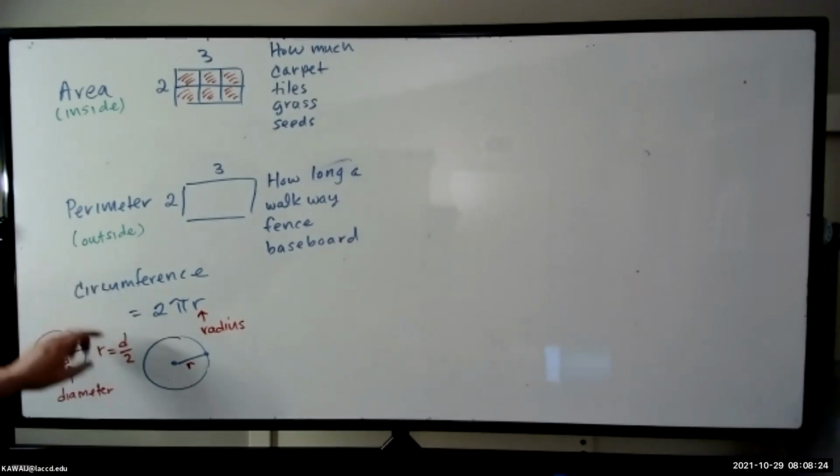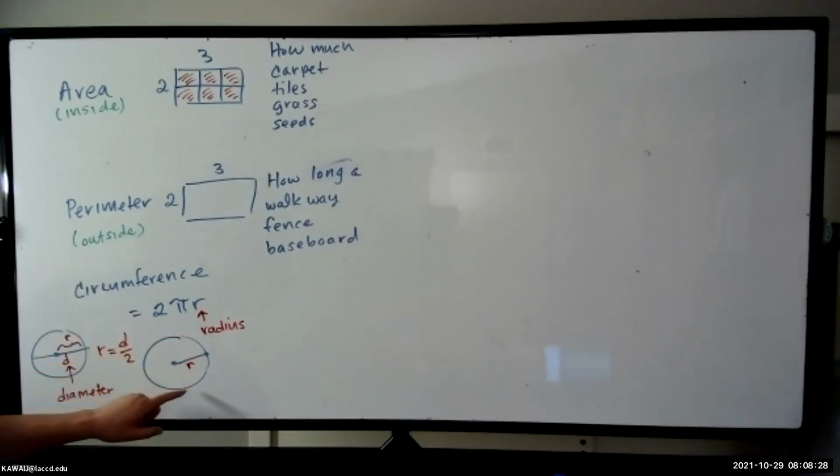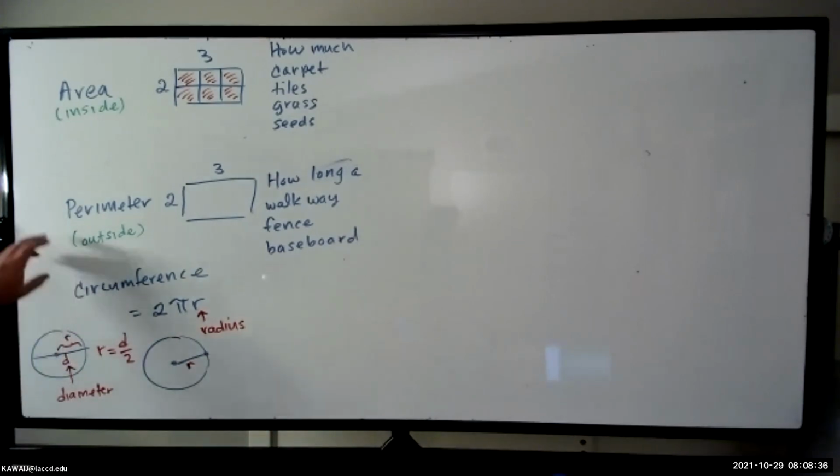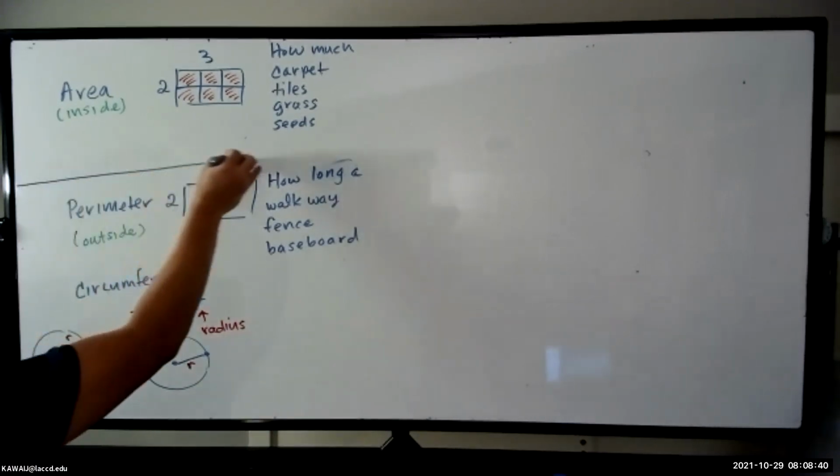Okay. So know that circumference is basically perimeter. Like if this was a piece of string, and I cut the string, and then I pull the string, how long is that string, right? So circumference and perimeter, they're together. Okay.